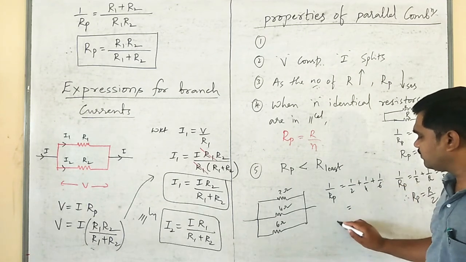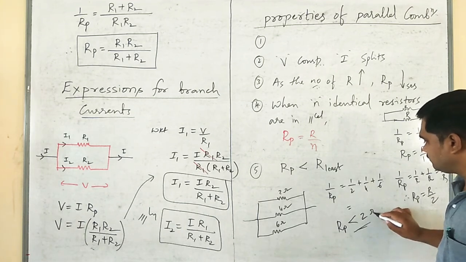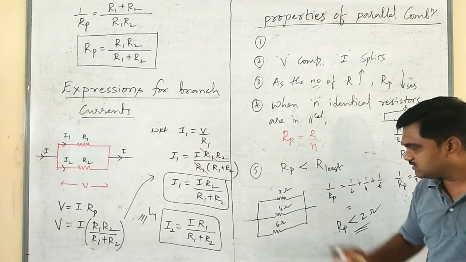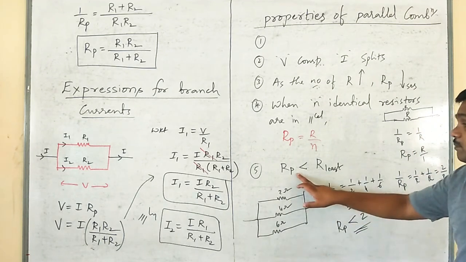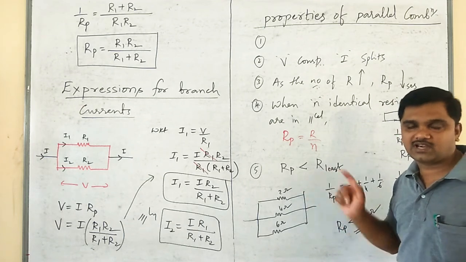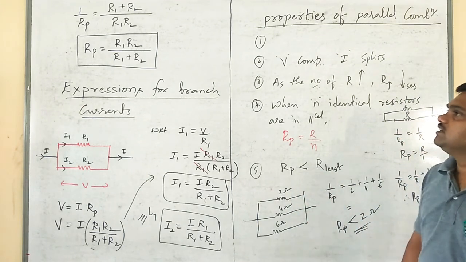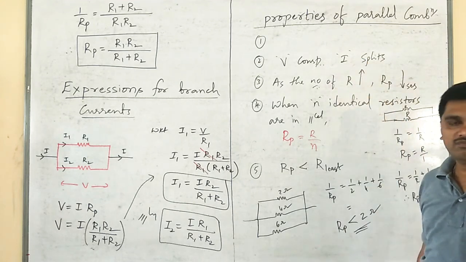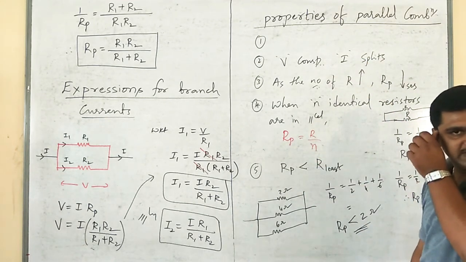Then on solving this, you get Rp less than 2 ohm. It means in case of a parallel combination, the Rp value is lesser than the least value in the combination, that is 2 ohm. So we can notice a few properties of this parallel combination.